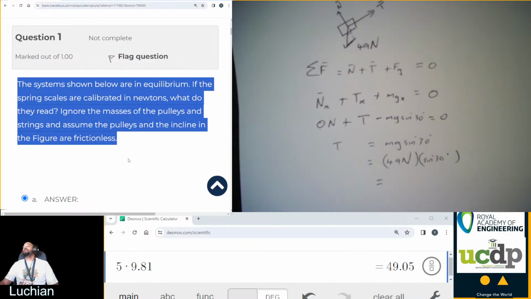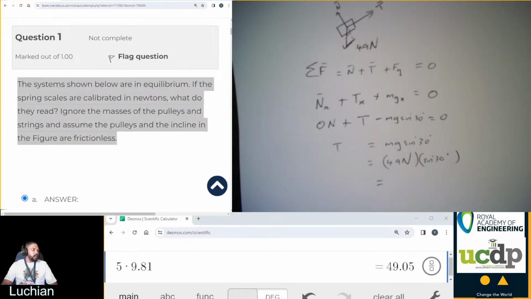If I remember my special angles, let me rather not do that, I can't remember my high school math. So let's do it on the calculator, which is advisable. Don't try to do what I do.